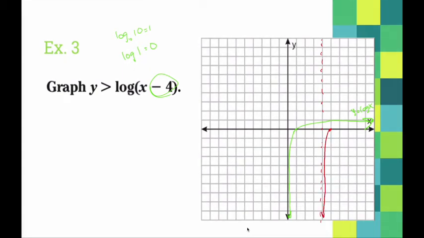And so our function is going to look like this. That said, it is y is greater than, not greater than or equal to, so this should be a dotted line here. And we want to shade everything above this. So everything above this is going to be all of this.